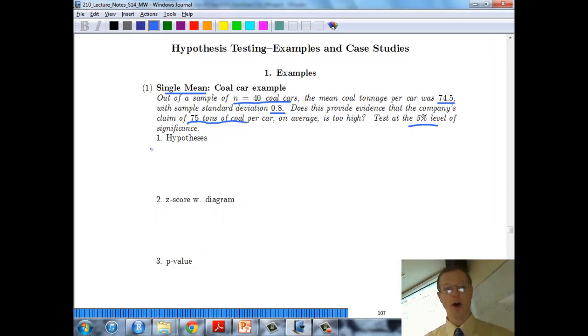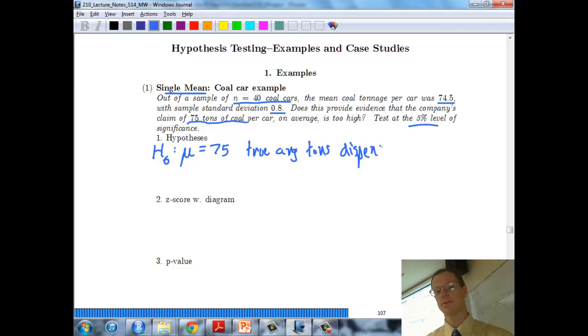So for us, our null hypothesis is mu equals 75, which is to say true average tons dispensed is 75.